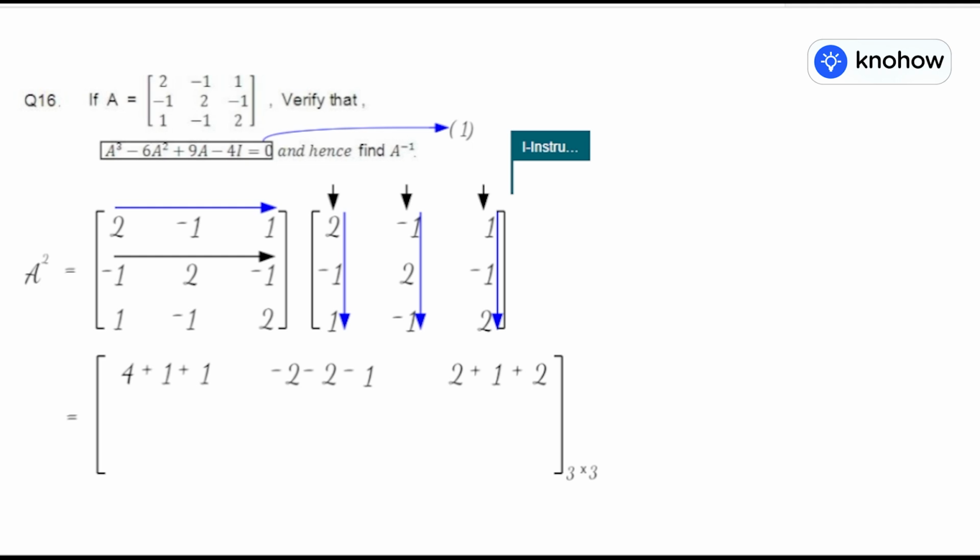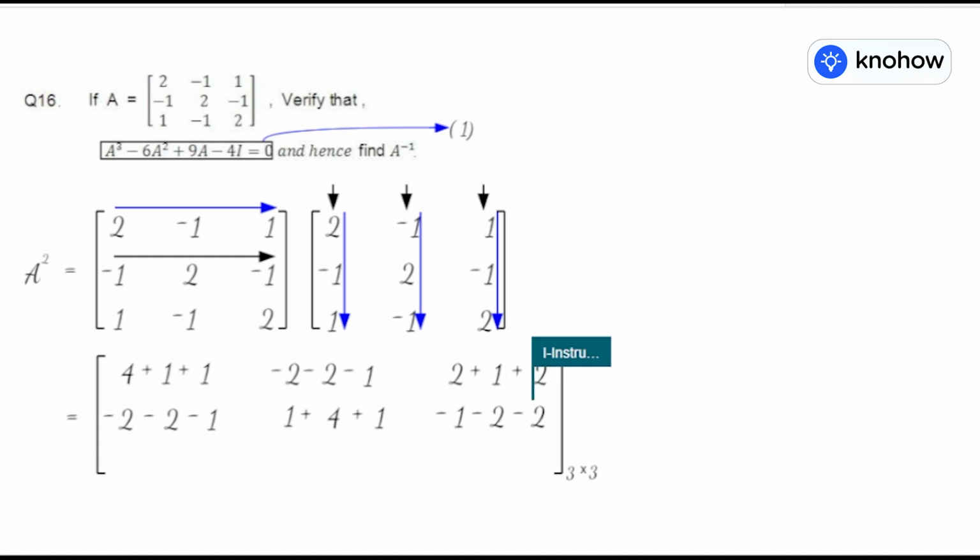Here negative 2, negative 1. Multiplying to the second column, you will get 1 plus 4 plus 1. And to the third column, you will get negative 1, negative 2 again. And now repeat the same process with the third row. You multiply the third row with the first column, second column, and third column.